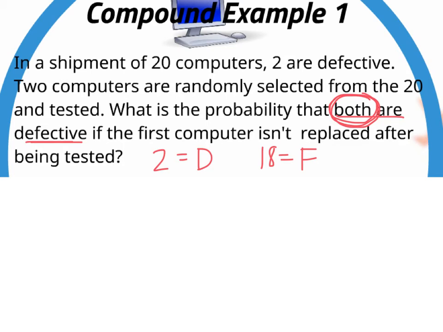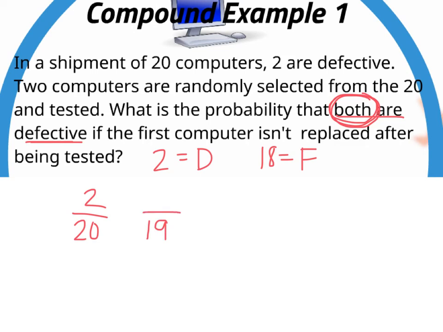So the first event is just like a normal probability. We have 20 total computers, and out of those 20, 2 are defective. So the first one doesn't get changed. It stays the same, just like we've been doing for the last couple weeks with probability. The second one is what gets changed. If I do not put back that defective computer, that broken computer, that means now I have 19 computers to choose from to test.